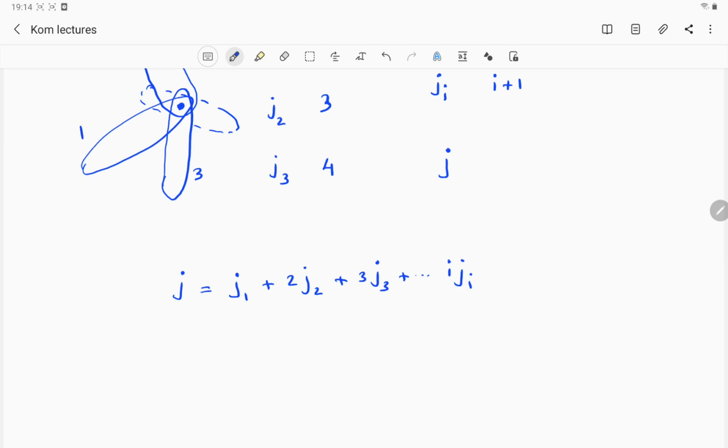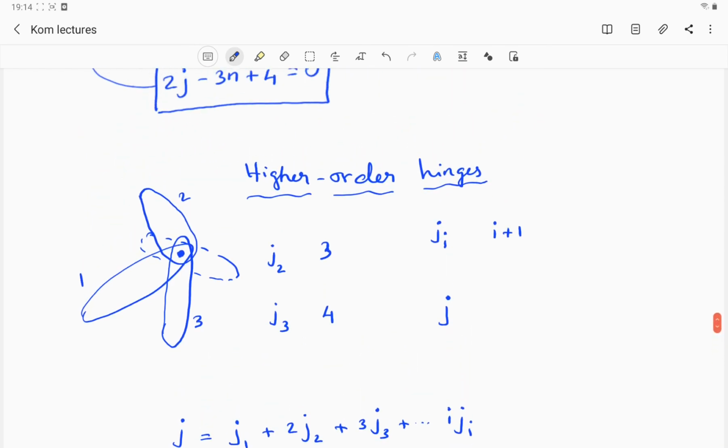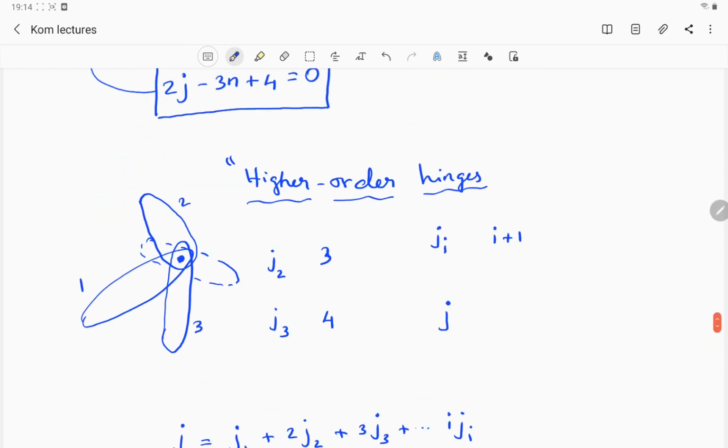This is how we need to calculate the J value. Once we calculate the J in this manner, then we just substitute this J in the Kurzbach equation. So that's how we take care of higher order hinges. Such a hinge is known as higher order hinge.